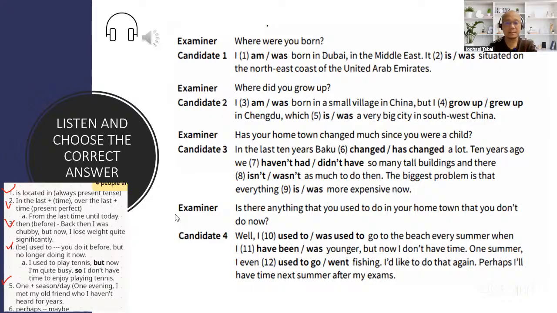Now let's listen to the examiner and candidates in this speaking part, and I'd like you to encircle the correct answer.